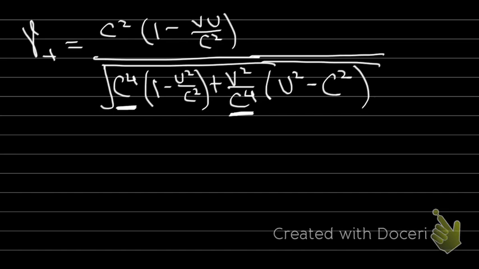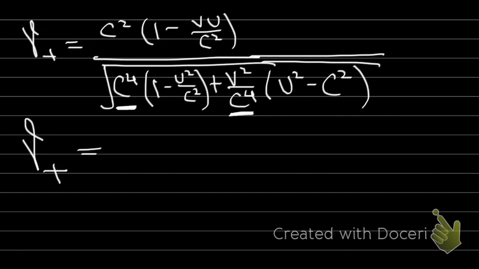Okay, so let's go ahead and do that. So we would have gamma plus equal to, if I take this c4 and factor it outside from below, in the numerator, and then because it has a square root on top, in the denominator c4 would come outside and become c squared, and then it would go away with this c squared, right?